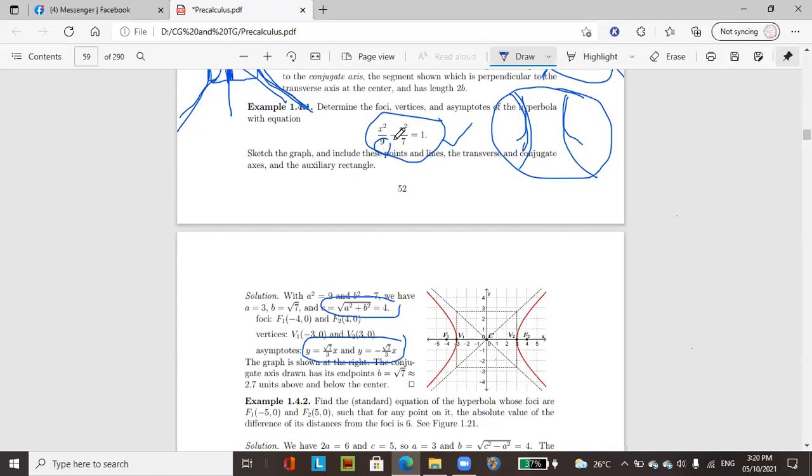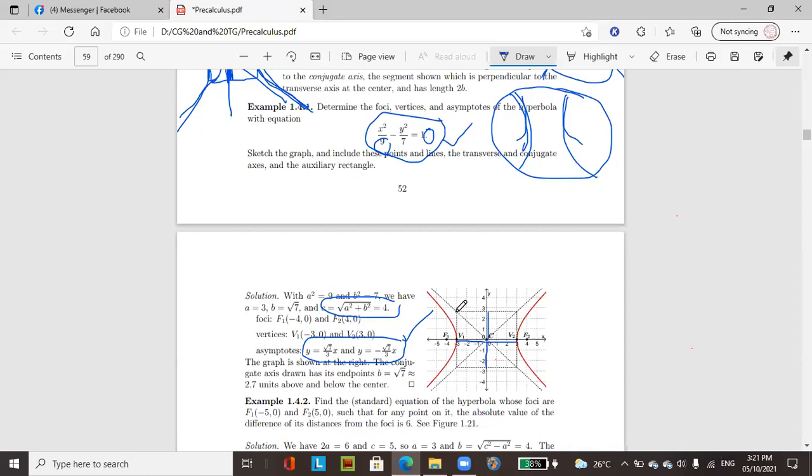That is how we get the asymptote. We replace the 1 with 0, then solve for y in terms of x, and that is what we get. So, therefore, if we are going to sketch the graph, this is a, equal to 3, and this is also equal to 3, therefore its length is 6. Then this is negative square root of 7, and this is square root of 7.